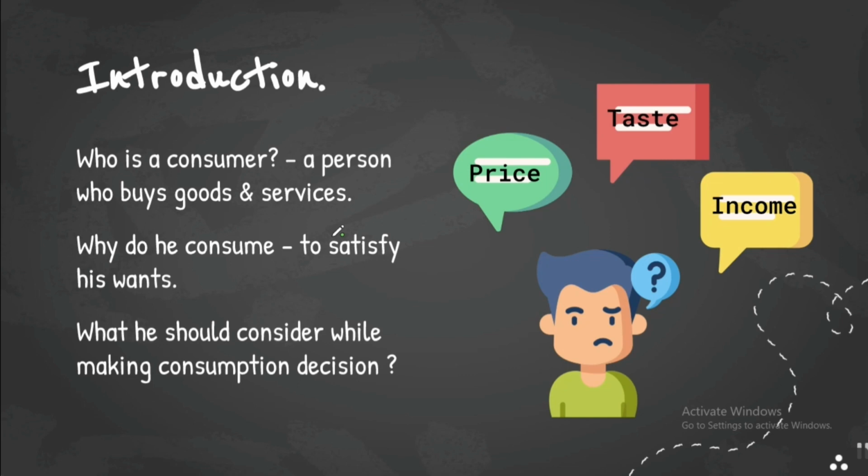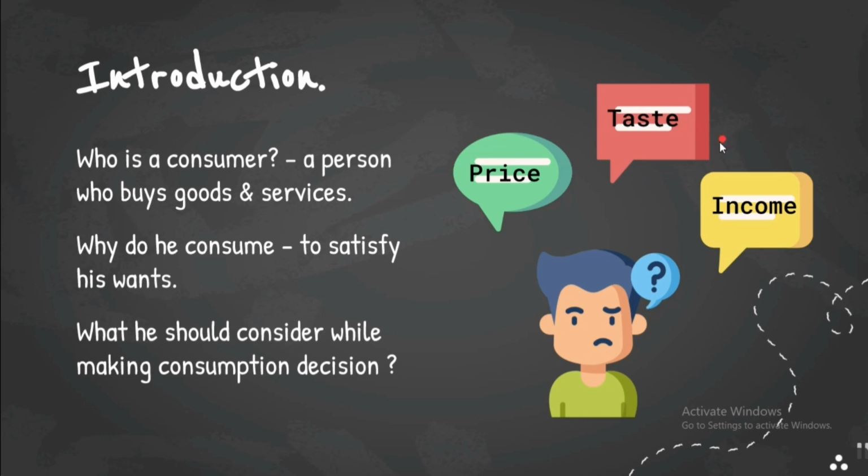So here we have price, taste, and income. The first one is price. If you are willing to buy a product, the product should be reasonably priced. It should not be overpriced, otherwise you will not be buying that. So the price of the product definitely affects your consumption, right?